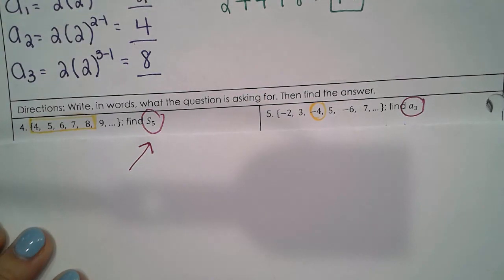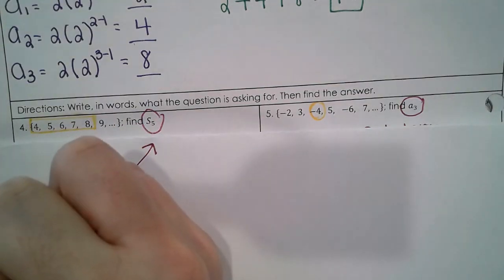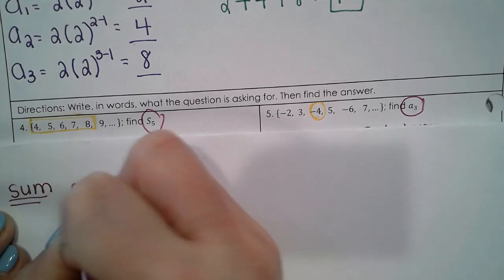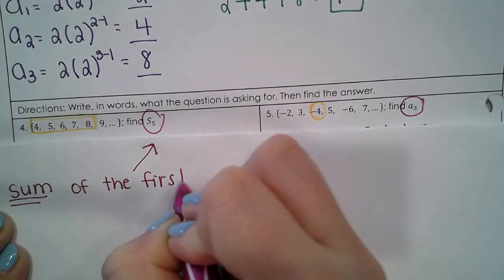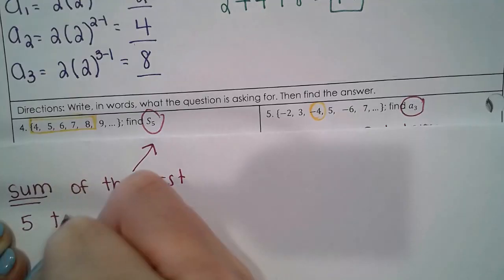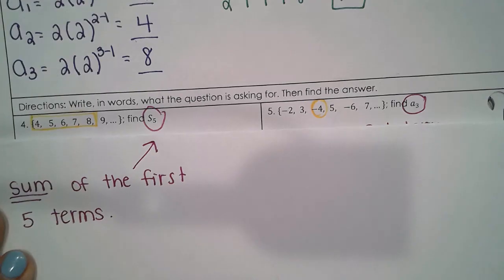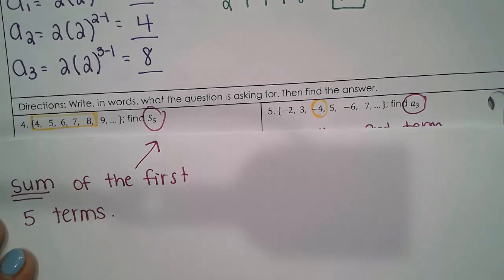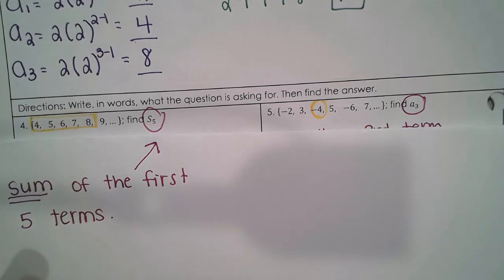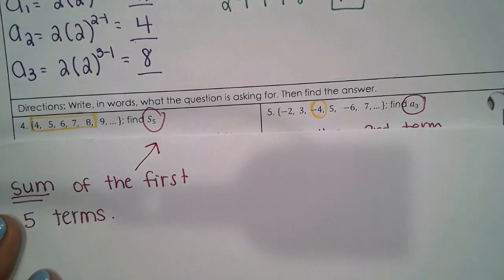If you go back to the previous page, that means find the sum of the first 5 terms. So it's kind of like having sigma, right? And having n equals 1 and then 5 on top. But the difference is, instead of a formula, you just have the list of numbers here.